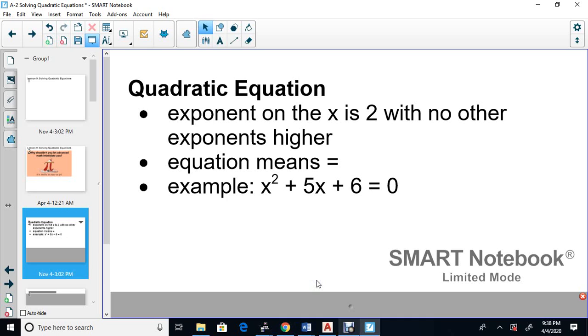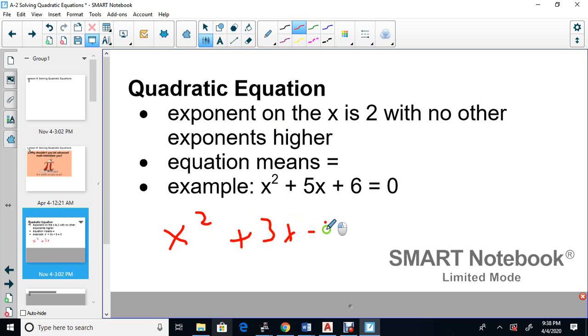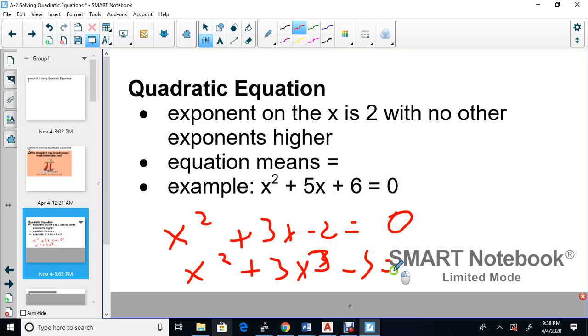So let's just draw 2 of them here. Let's go into my writing mode up here, and I'll create 2 of them, and I'll circle the one that's quadratic and the one that isn't. So we'll go x squared plus 3x minus 2 equals 0, and then maybe x squared plus 3x cubed, with a little 3 on there, minus 5 equals 0.